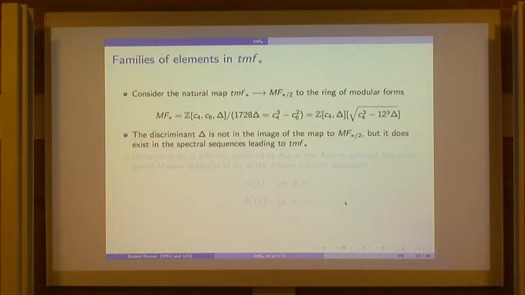Now, in the Adams-Novikov spectral sequence, it's already true at E2. In the Adams spectral sequence, it's not true at E2, but such an element exists in the spectral sequences like Davis-Mahowald or May, which converge to E2 of the Adams spectral sequence. So what that means is in the Adams-Novikov spectral sequence, delta is gone at E3, and we have a total bracket at E3 that multiplication by delta computes.